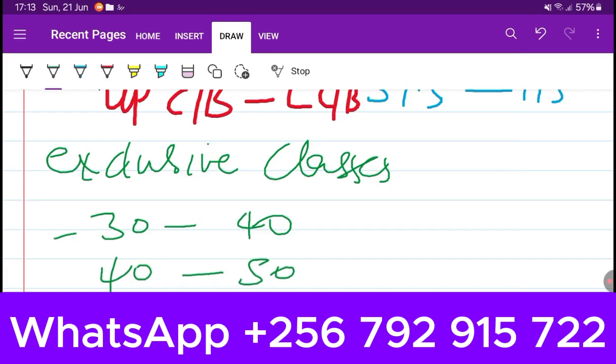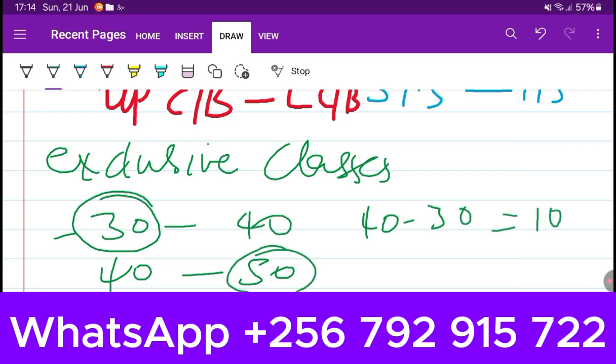So for this one, this 30 will be a class limit, and at the same time it will be a class boundary. So we just take the difference. So it will be 40 minus 30, which gives you 10. Then if we go this side, 50 minus 40, also gives you 10.